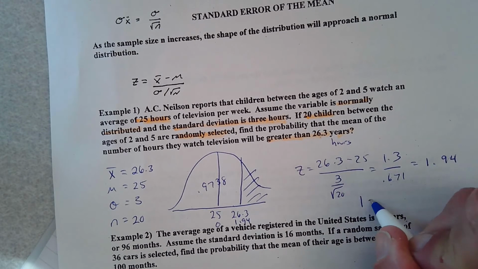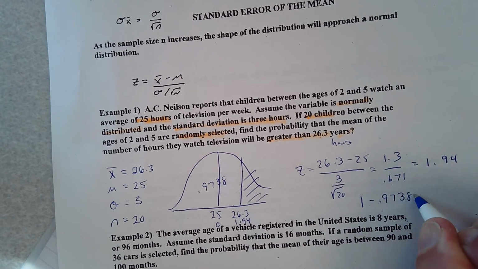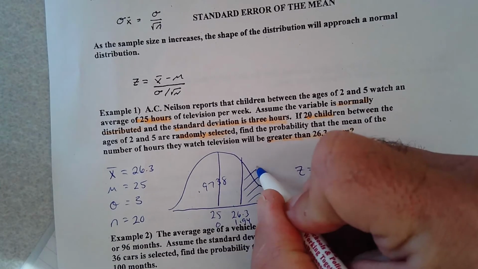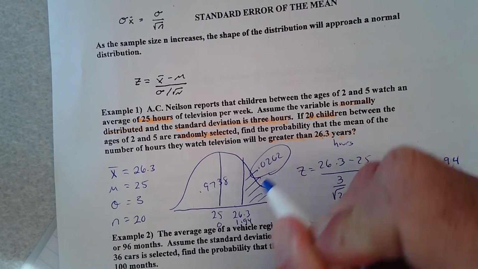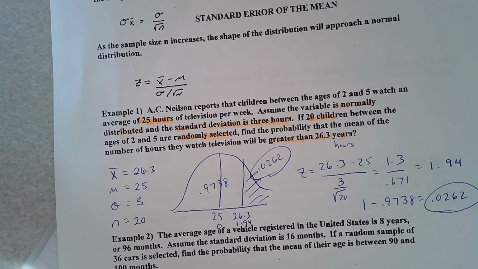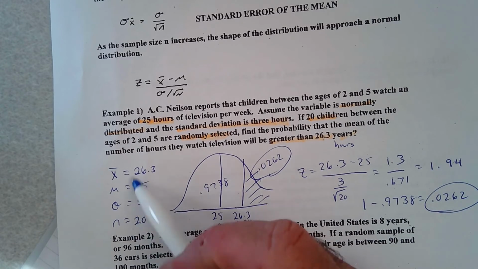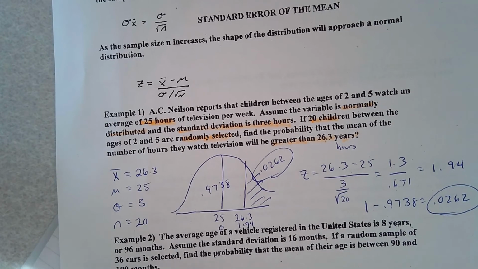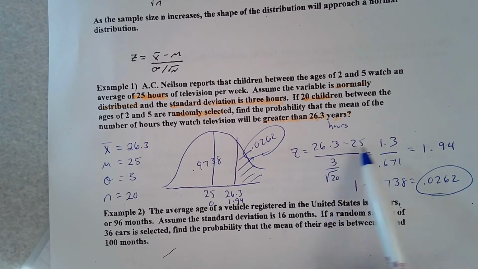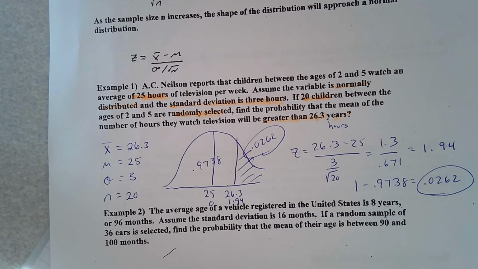So to find the probability that they would watch more, we're going to subtract, and that shaded area is a very small probability, about a 6.2% chance. So again, identify your pieces, draw your picture, figure out what the z-score is, and then answer your question: what's the probability?